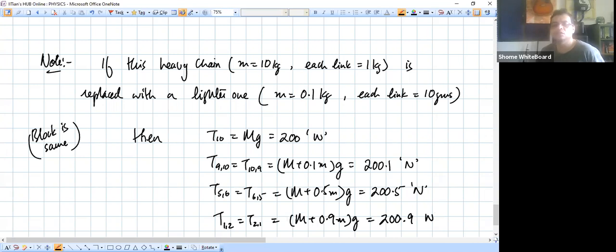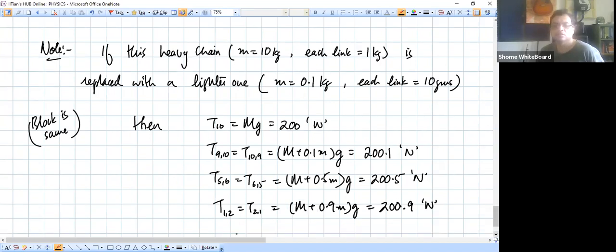So there's a much smaller variation in tension. There's still variation in tension, but it's much smaller. You can see. So the lesser the mass of the chain or rope or whatever, the lesser the variation in this tension is becoming.